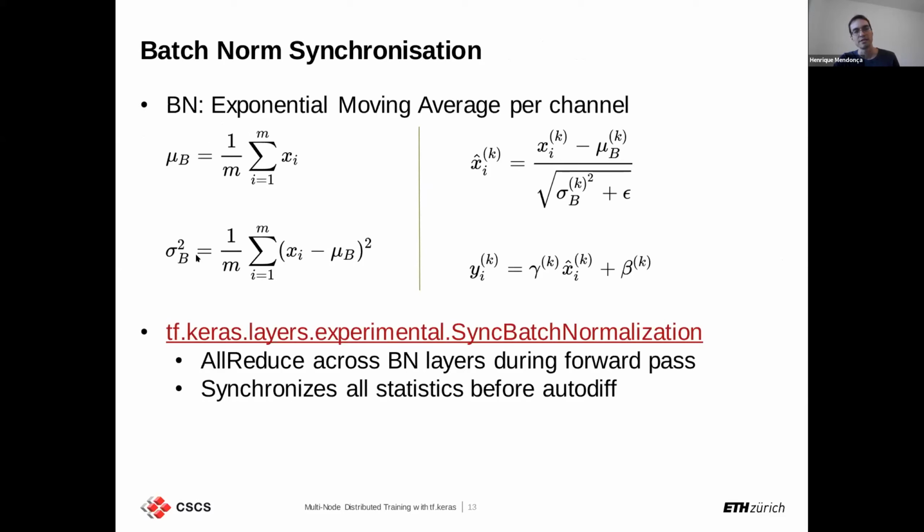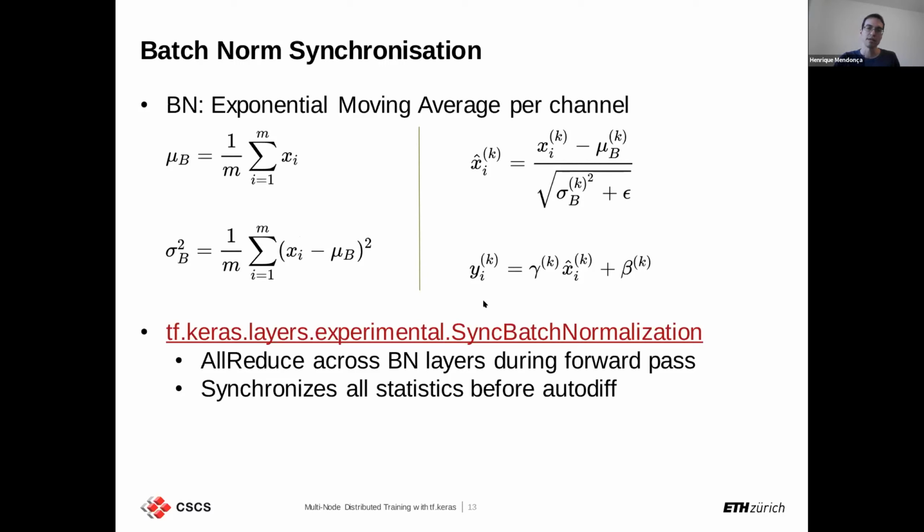For each batch, it calculates the mean and the variance of that batch and keeps those statistics. Then it runs an exponential moving average of those statistics across the training. But this all happens in the forward pass, and it's not going to get synchronized by the distribution strategy.